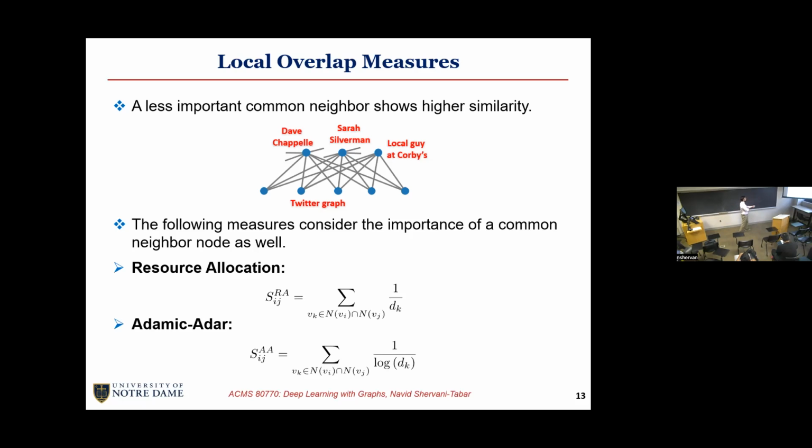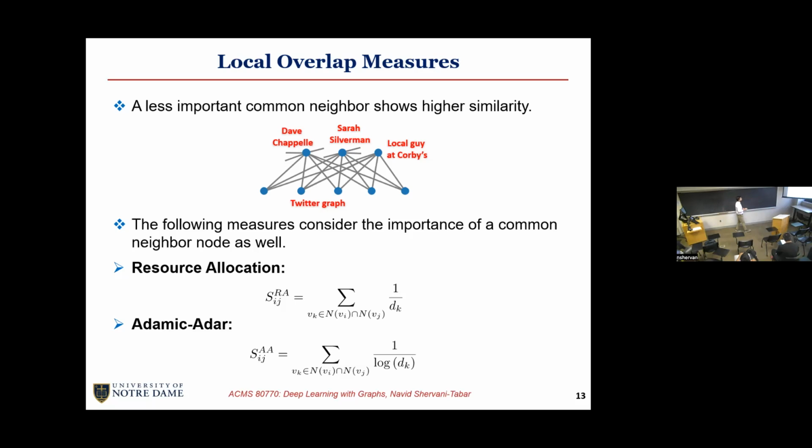Following this, there are two equations. One is resource allocation, which sums over all the common neighbors that two nodes have. So it is nodes vk that are both a member of the neighborhood of vi and the neighborhood of vj. We go over all these shared nodes and we add 1 over the degree of each of them.